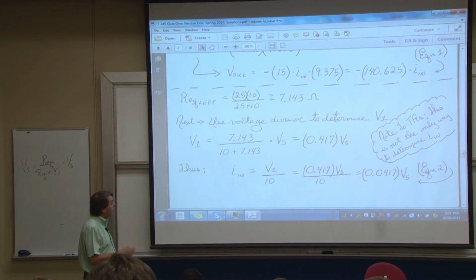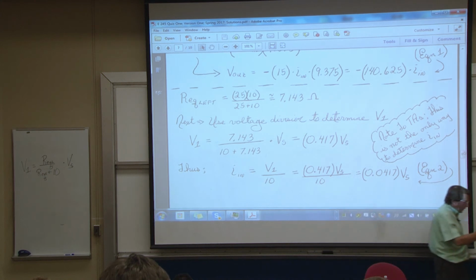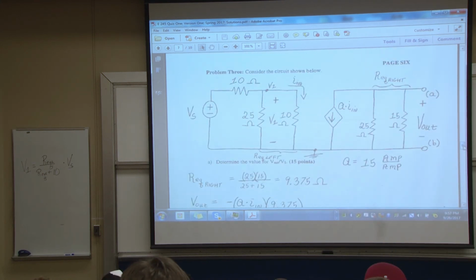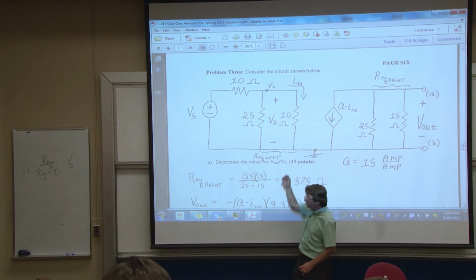But that's not what I want. I want I1 in there somehow. But I say, wait a minute. Hold it. I in. Oh, wait. I go back. Oh, I in is through the 10 ohm resistor.